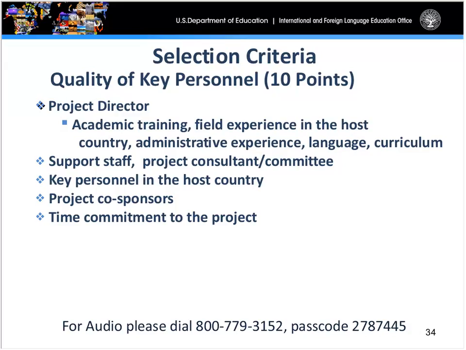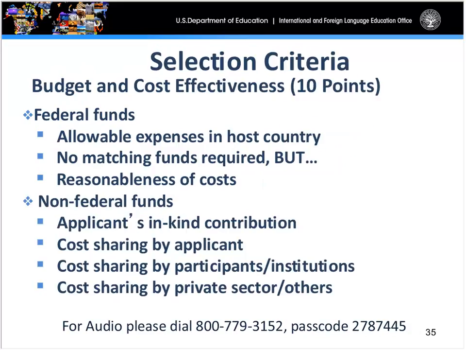You want to make sure that you use strong academic programs, strong language specialists, strong support in country. And here's where you would discuss that in the selection criterion. You can also talk here about any consultants you are hiring in country, and make sure that you have all the relevant key personnel in this particular section.